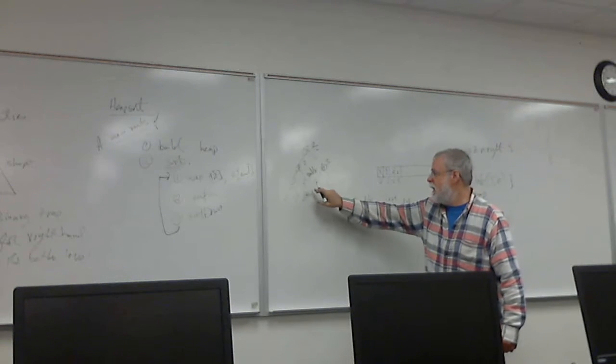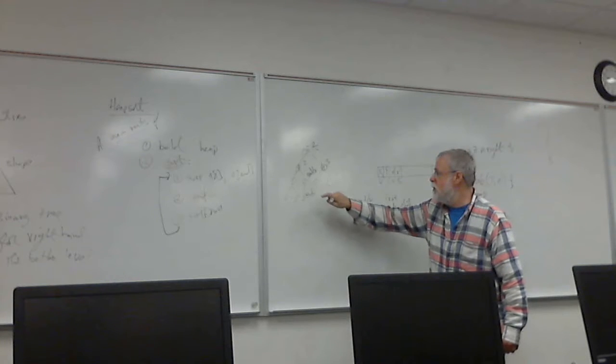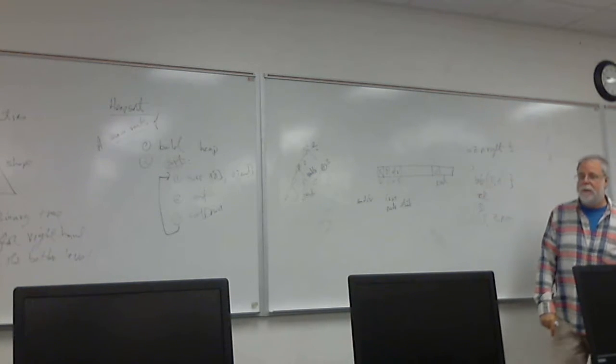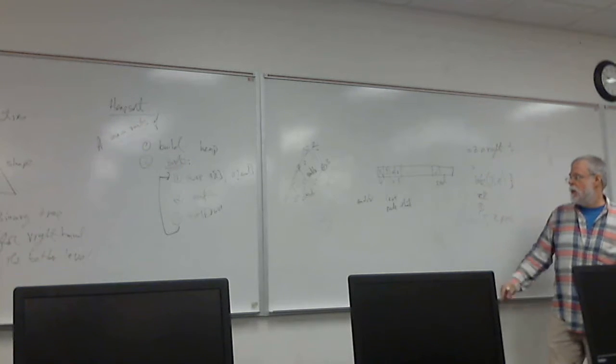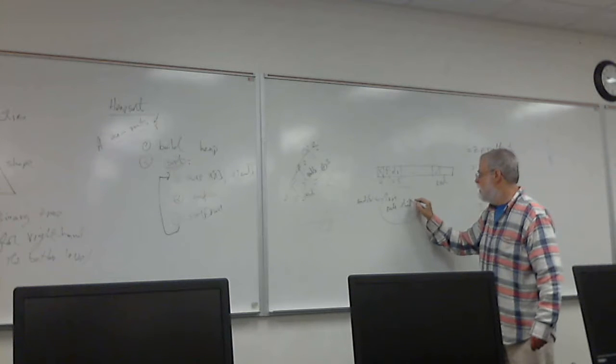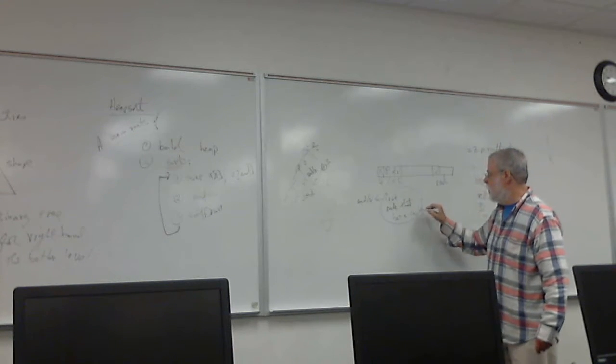The next node can't have a child because when I take 2 times it, it'll be larger than n. 2 times n over 2 takes me back to n. Okay? So n over 2 is the last node that has a child.